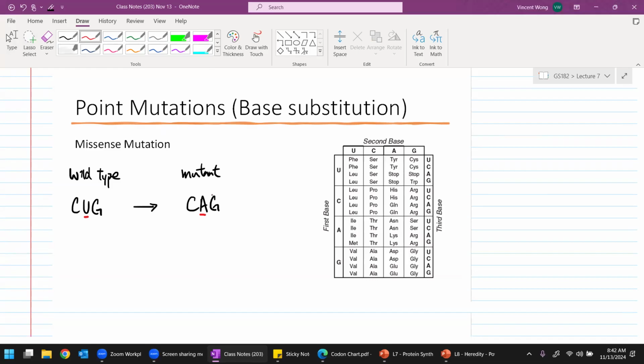What is CUG? Yeah, CUG is LEU. If you're still not sure how to use the codon chart, watch the video I posted. And you absolutely must know how to use it for the quiz on Monday. Otherwise, you're going to be losing a lot of marks. What about CAG?